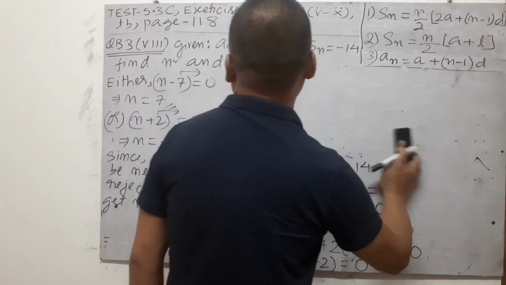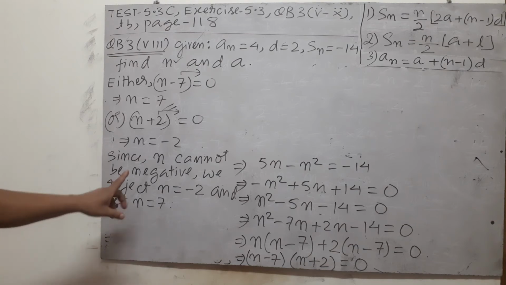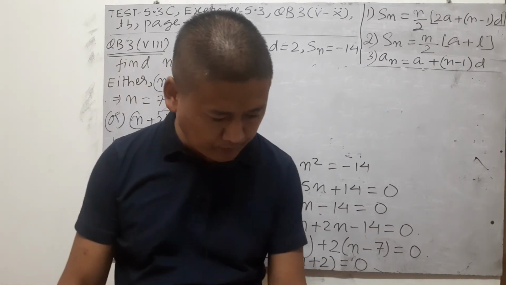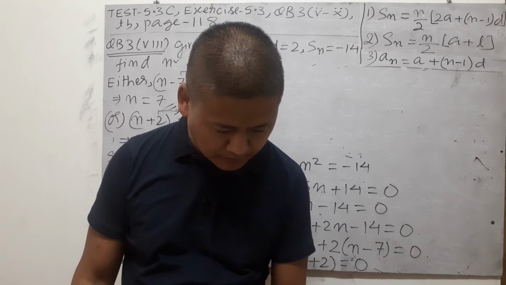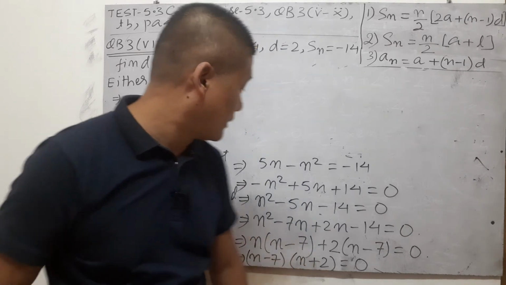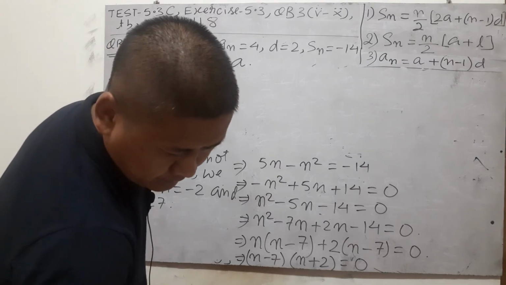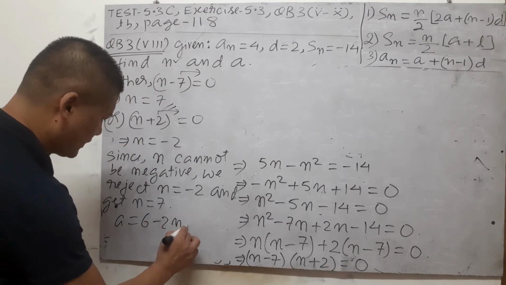Then we have to find out a. So equation 1 was what? So n equal to 7. Then equation number 1. Textbook page, question number 8. So yes, equation 1 was like this: a equal to 6 minus 2n was the equation 1.